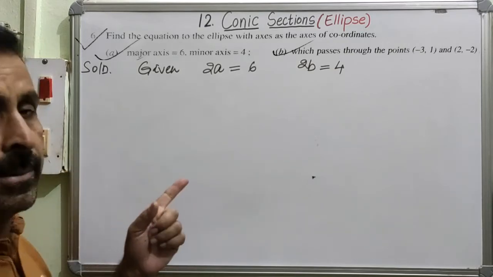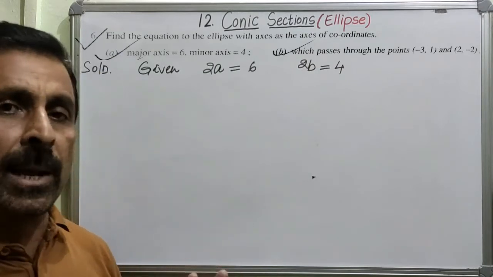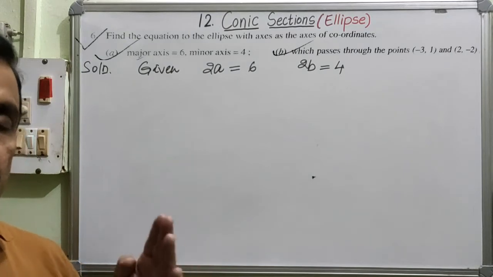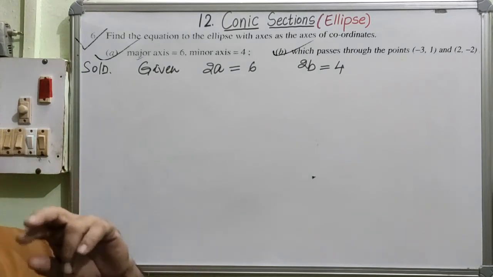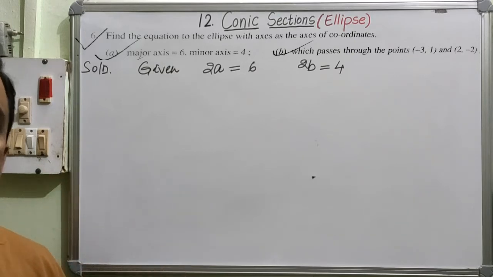Now, as you have seen the table, please keep the table in front of you. In the table, you can see that we have two types of ellipse: one is the horizontal ellipse, and the other is the vertical ellipse. In the horizontal ellipse, you might have noticed that a was below x and b was below y, and a was greater than b, right?